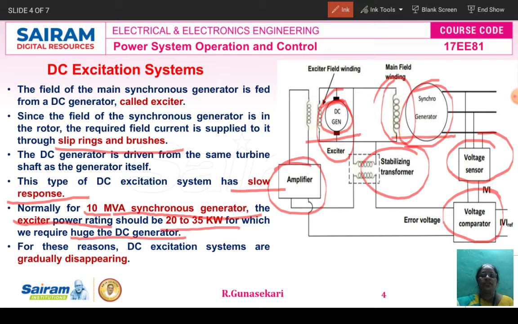For this reason, the DC excitation systems are gradually disappearing. That's why I am telling you this is a slow response. Okay, students, I hope from the circuit diagram you can clearly understand the working function of the DC excitation system.